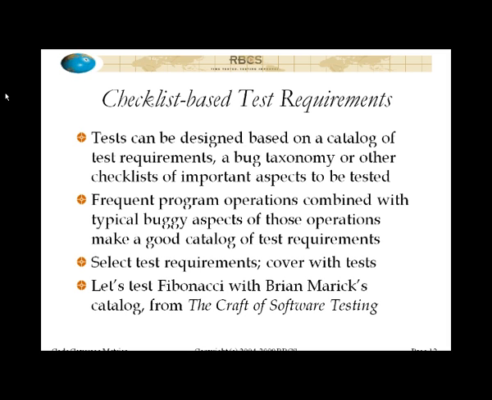So this is kind of the original bug taxonomy-based approach to testing. It's probably the first documented instance that I can find of that. In this case, it's kind of refined because the bug taxonomy is generalized, so you're not looking for specific bugs, but for types of bugs, and it's generalized into test requirements.